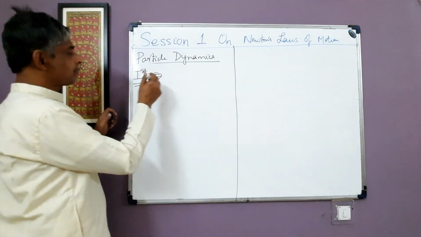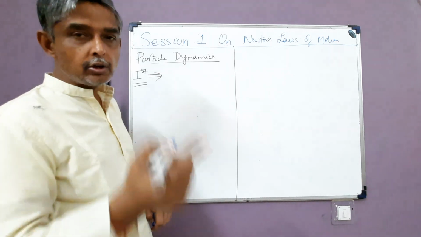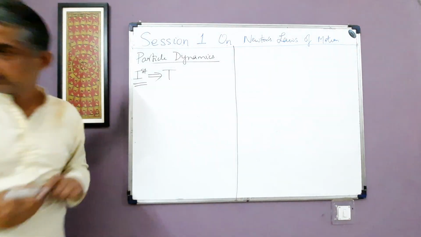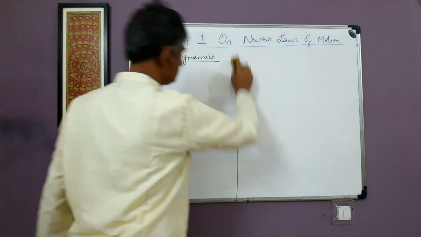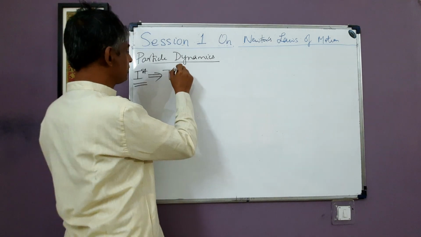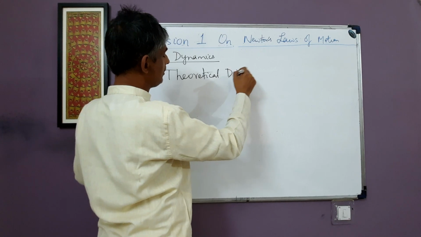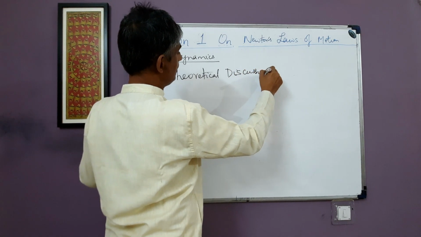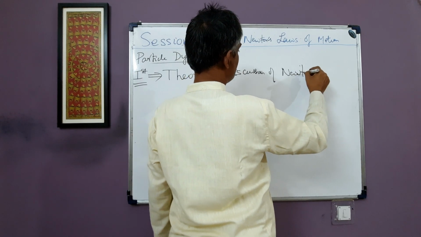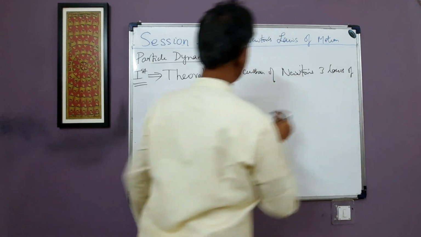So first we'll take up the theoretical discussion of Newton's three laws of motion, especially the first law, then the third law, and then we'll go to the second law.